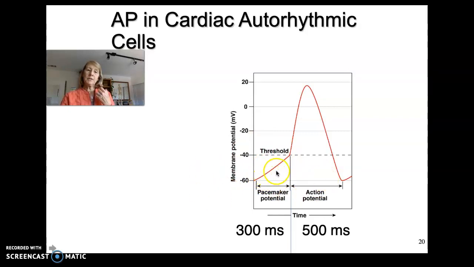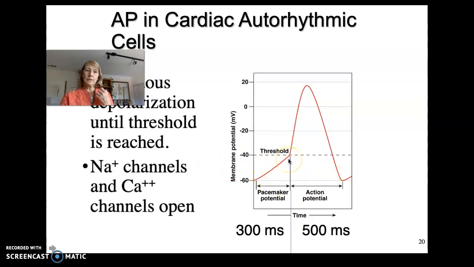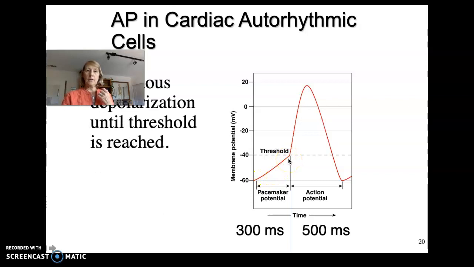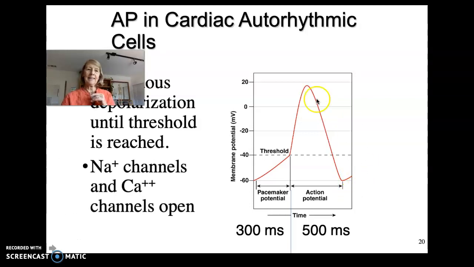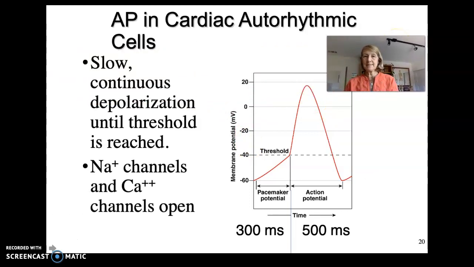It's a slow depolarization to threshold, and then it fires and then comes back down again. And then a slow depolarization to threshold, and then it fires and does its thing again. So the sodium and potassium channels are opening just like the action potential reaching a skeletal muscle.